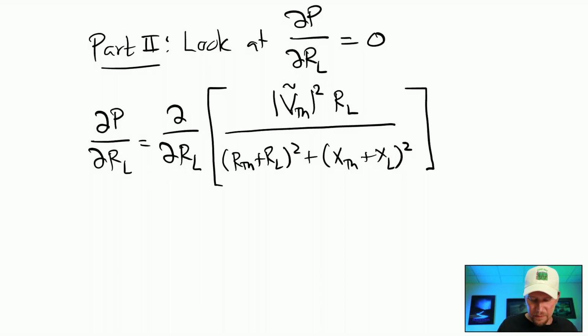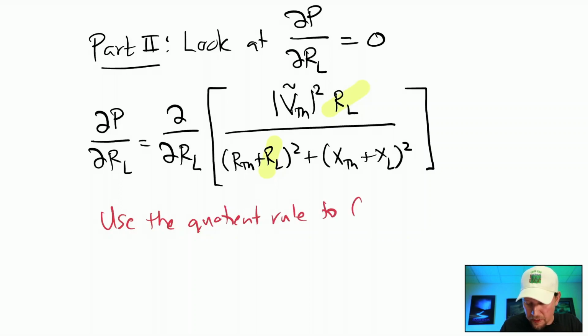Now, notice that the load resistance occurs in the numerator and in the denominator. So what we need to do is use the quotient rule to find this.